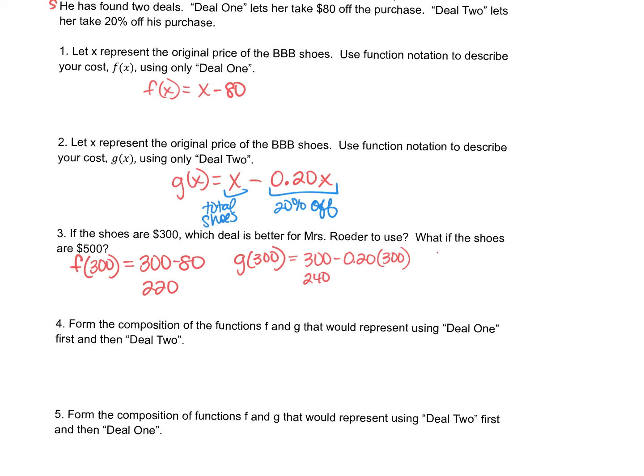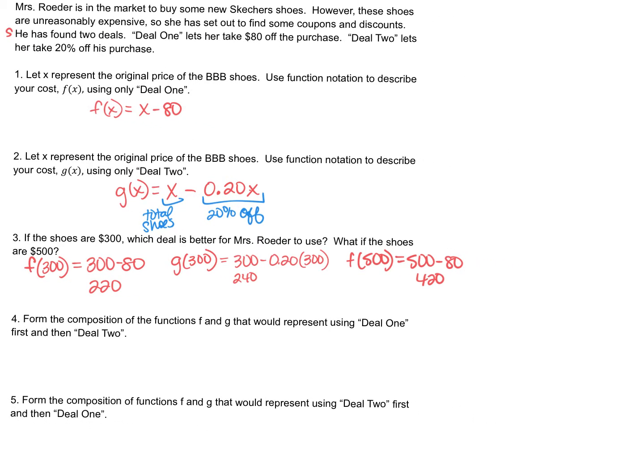So F of 500 would be 500 minus 80, which would be $420. And then G of 500 would be 500 minus 0.20 times 500. When you stick it in your calculator, you get 400.